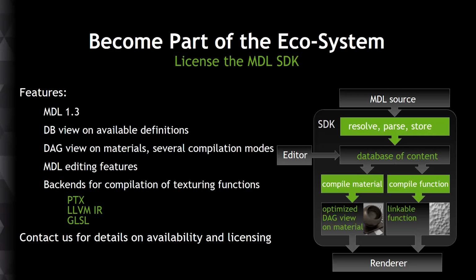And then there is a compile functionality for the texturing part, which compiles texturing functions in a linkable form for various backends. So this can output GLSL code or LLVM-IR code based on MDL texturing expressions, and you can use that to link with your shading code.